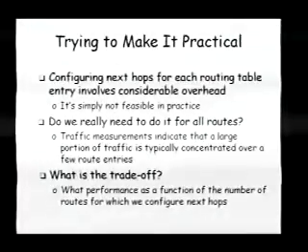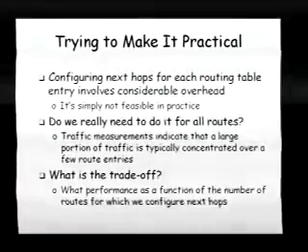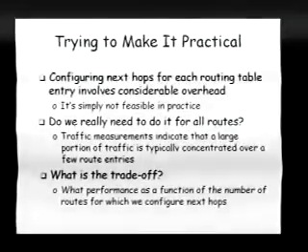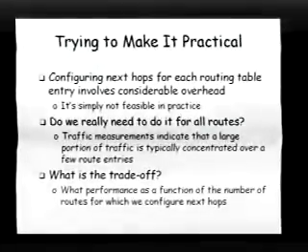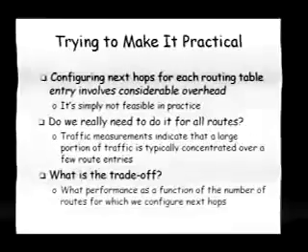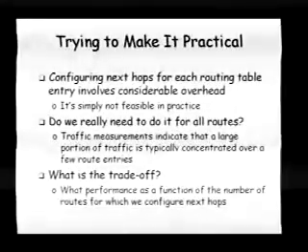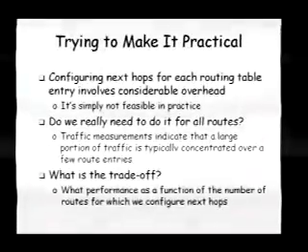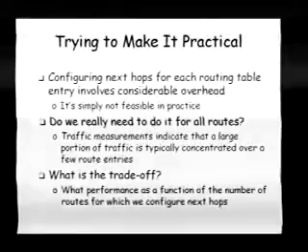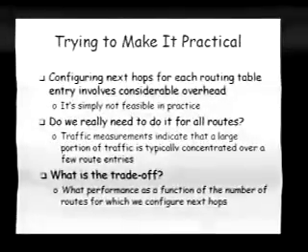Okay, so we have come up with heuristics which seem to work reasonably well. So the next task was to see how easy it is to implement. To configure the set of next hops for each routing prefix is clearly not feasible. So what we thought to do was to use an idea that has often been mentioned, in fact mentioned in the previous talk today, that a large amount of the traffic entering the network is focused on a small set of prefixes.